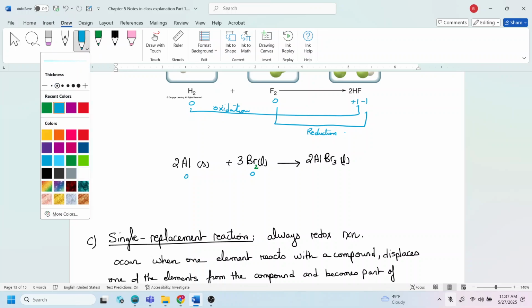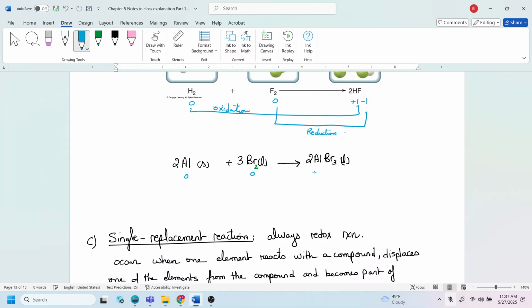I'm going to form aluminum bromide. The aluminum is a +3 because it's a group number 3, and the bromine is -1, so that is going to be -1 in there. Either -1 or if you want it to be -3, but I'm just looking at just the bromine in there. Each Br is -1. So I would say, okay, I'm going from aluminum 0 to aluminum +3. Aluminum is losing.